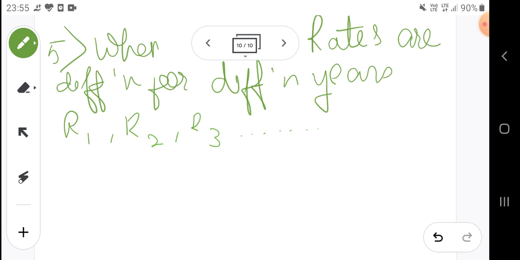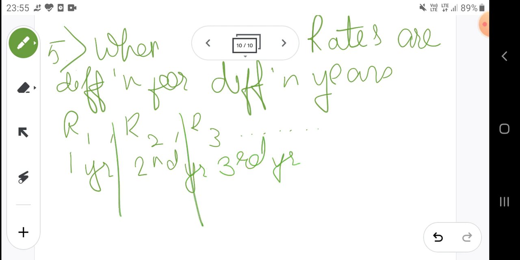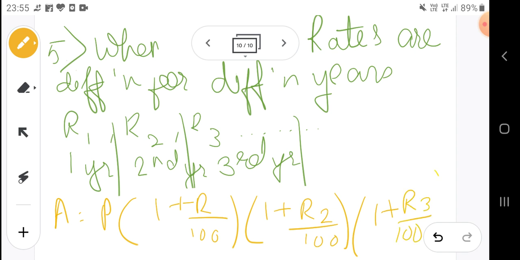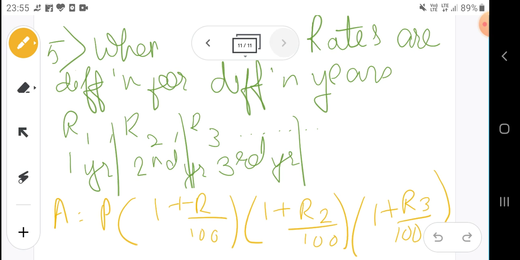For them it's given for first year, second year, third year. So in this case, the formula which comes to us here is Amount equals P (1 + R1/100) times (1 + R2/100) times (1 + R3/100). Got my point?